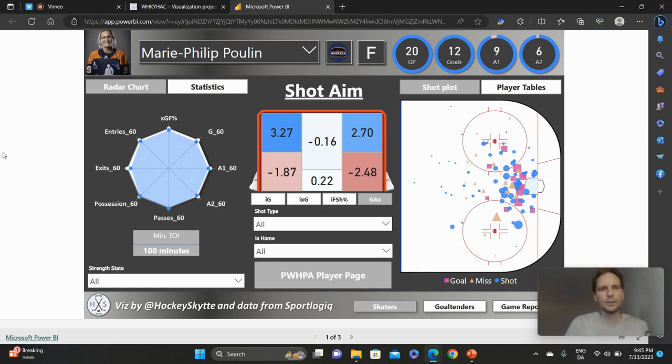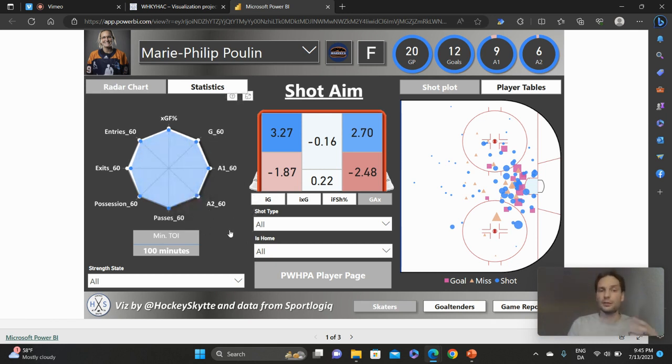So this is expected goals for percentage at even strength, at all strengths, I think. It will change when you change the strength state. I've selected goals per 60, primary assist per 60, secondary assist per 60, completed passes per 60. This was the one where she has 100 and some passes, leading clearly.